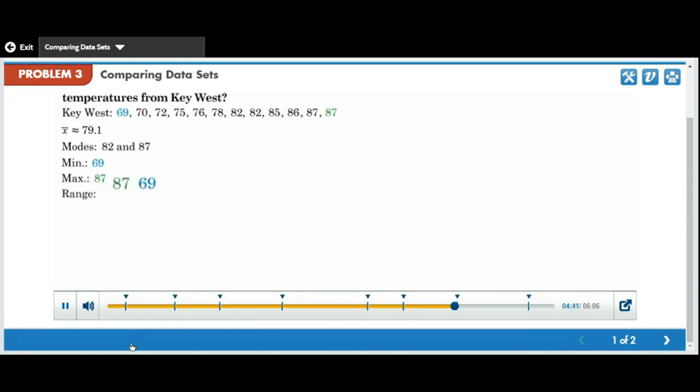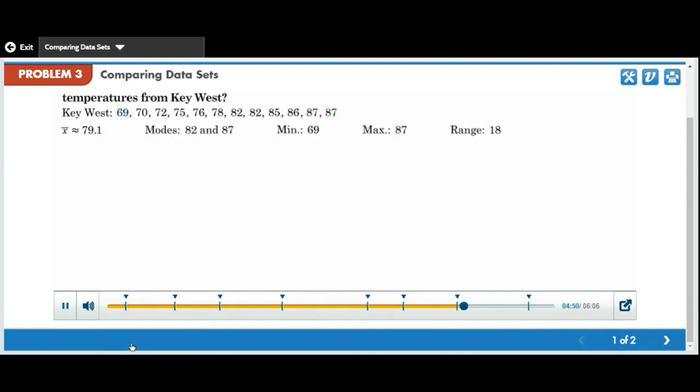Now find the range. The range is 87 minus 69, or 18. Find the median. Again, it will be the average of the two middle values. The median is 80.